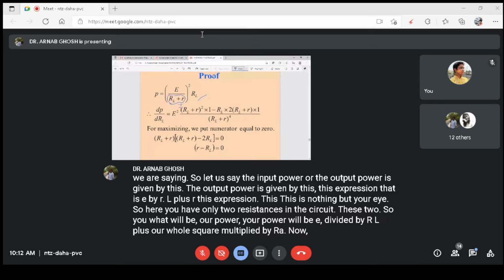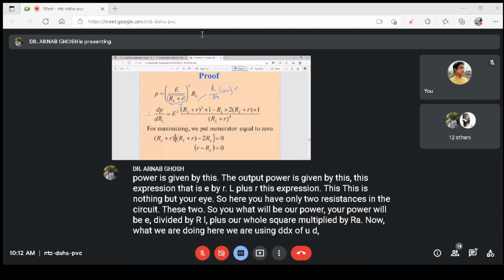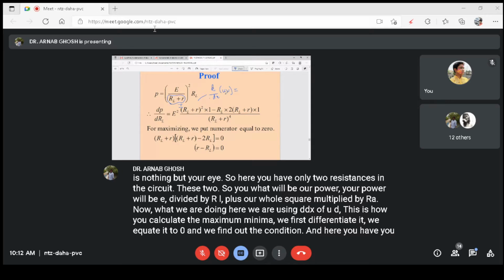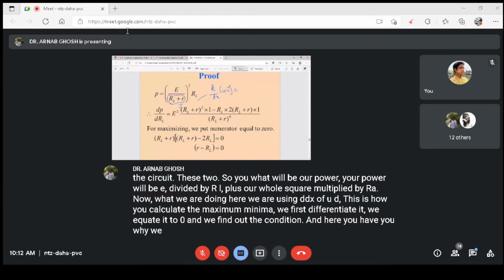Now what we are doing here, we are using the U by V rule. This is how you calculate the maxima and minima. We first differentiate it, we equate it to 0. Why U by V?